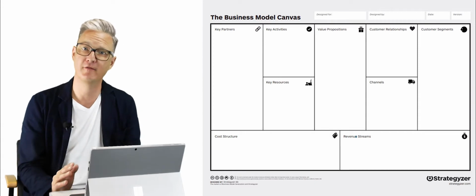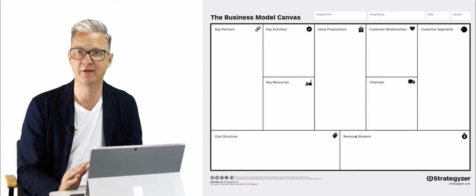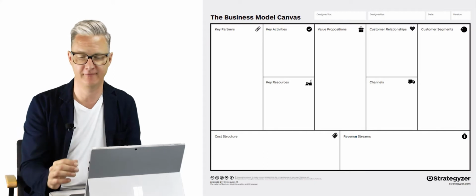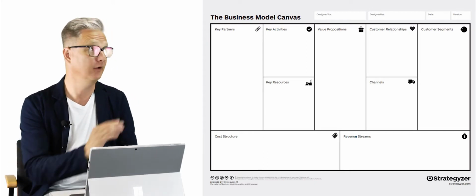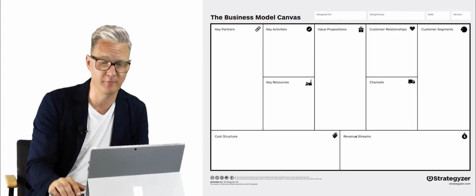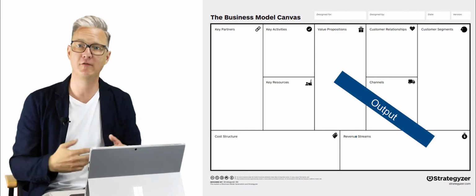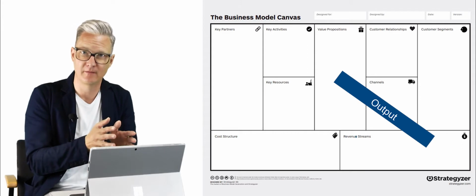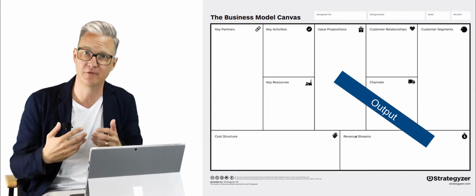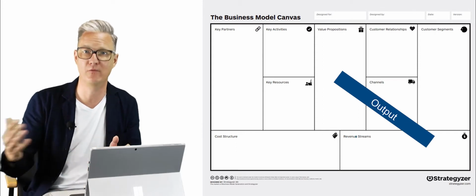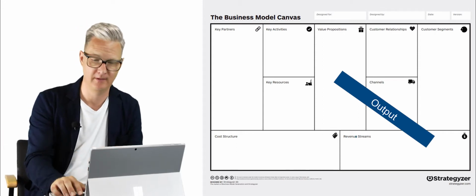It consists of 9 fields describing the major factors of a business model, as I said before. On the right-hand side of the business model canvas, you see the output factors. These are all factors which are brought to the customers, which concern the product and the way the output is done.